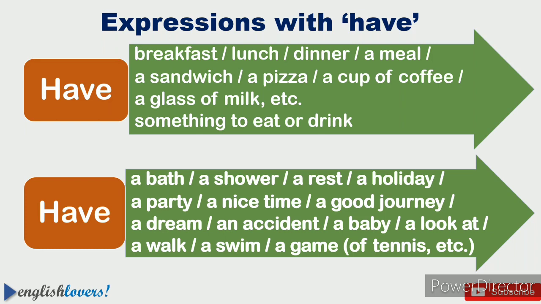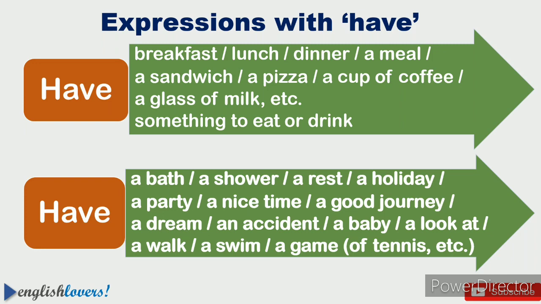So have a nice time, or we say did you have a good time in London? So a good time. Or we can say that he had an accident. So an accident. Had, that is the form of have again. Or I had a dream last night. So again the past form of have. So have a dream. Or we say that Susan has just had a baby.